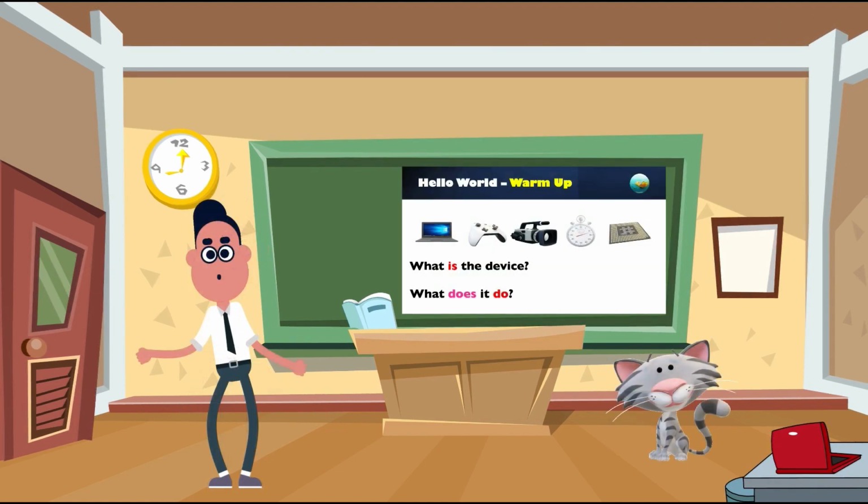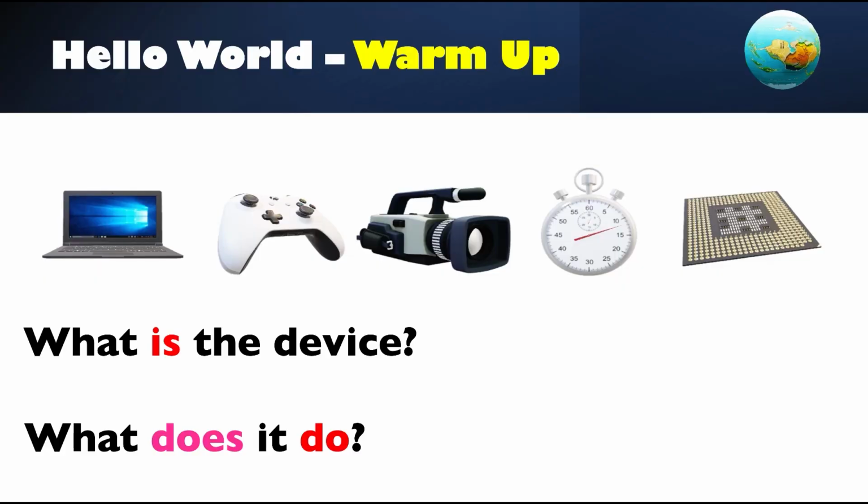Okay. So our warm-up, we have 5 devices. Components. So today, a lot of focus is on the word device and the word component. We came across device last time, but we're also going to include the word component today. And we're also focusing on the do verb as well.